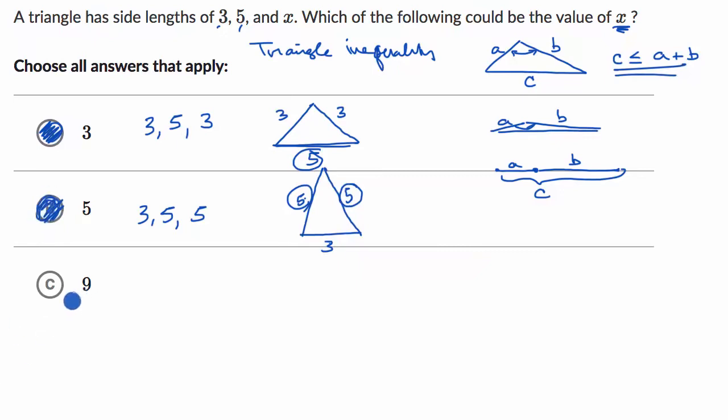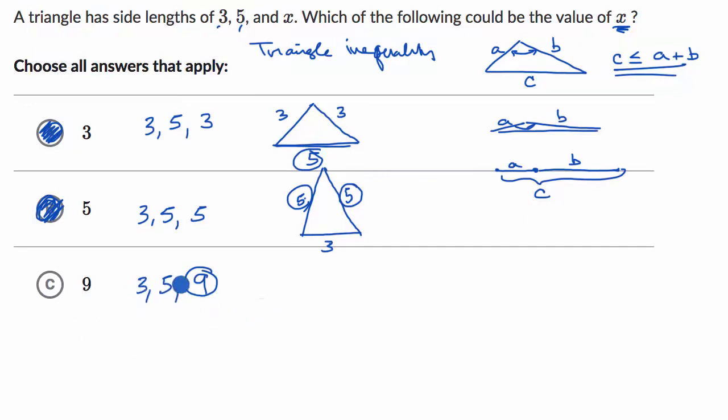Now what about 9? Well, that would be a triangle that has sides 3, 5, and x here would be 9. So immediately your spider senses might be tingling a little bit because you might realize that 9 is not less than or equal to the sum of 3 and 5. It is not less than or equal to 8, which is 3 plus 5.